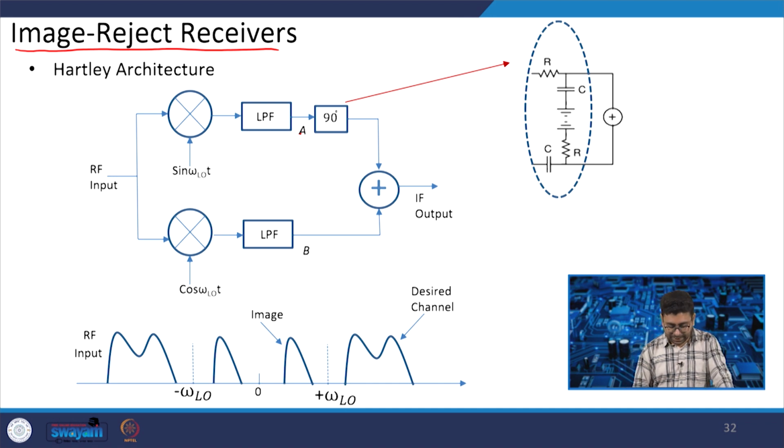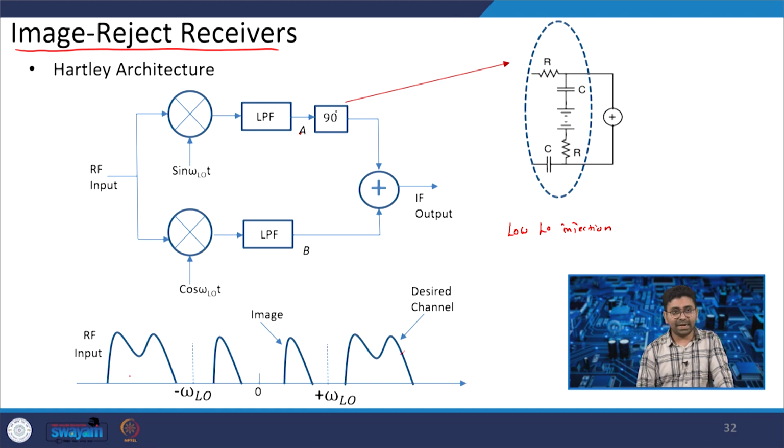You can see that there is an image signal here, and this is your desired channel. In this case, your RF frequency is high and the LO frequency is low. So, this is called low LO injection. Your omega LO is less than your RF frequency, and this is the image that is mentioned.